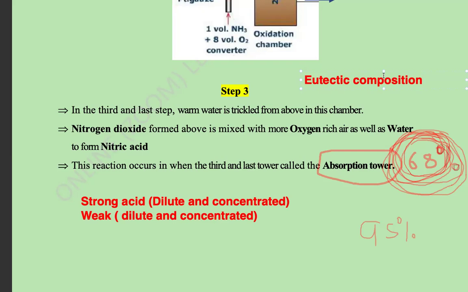So this process does not obtain 100% nitric acid, even though heat is involved, unless we involve sulfuric acid.